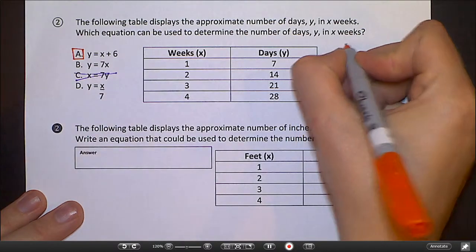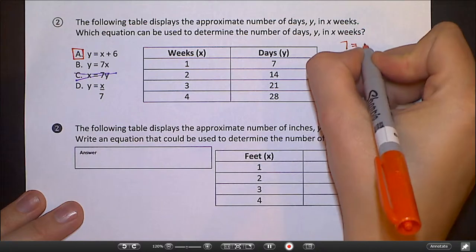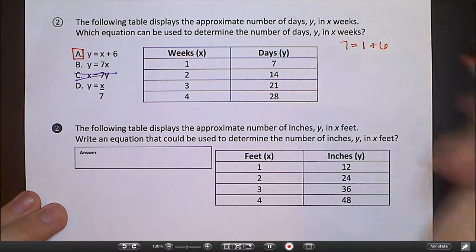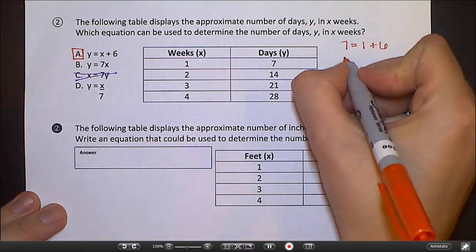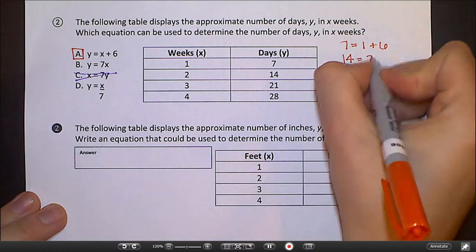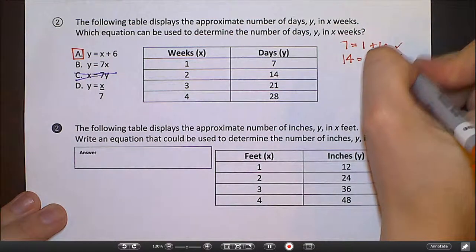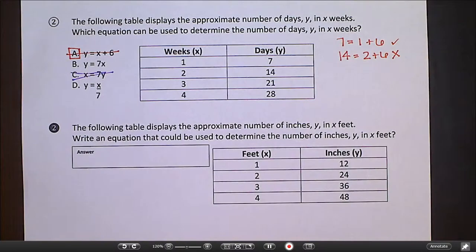Okay, so that means 7 equals 1 plus 6. Is that true? Yep. Okay, but I'm not going to just circle A because I need to test the rest of the table. So let's move on to the second pair. 14 equals 2 plus 6. Well, the first one worked, but this one does not work. So that means that A is out.